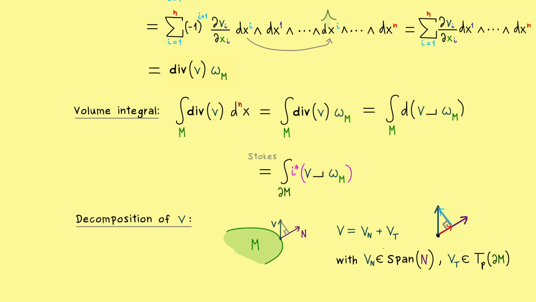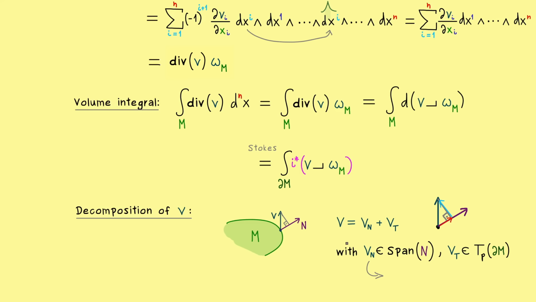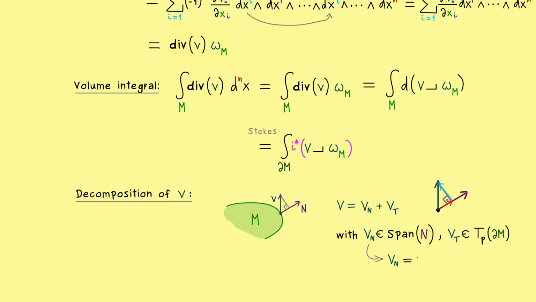And in fact, this part can be just written as an orthogonal projection of V onto n. In other words, here we just have the inner product V with n, and this is the coefficient for the vector n. So please note, this formula for the orthogonal projection works because n is a unit vector.